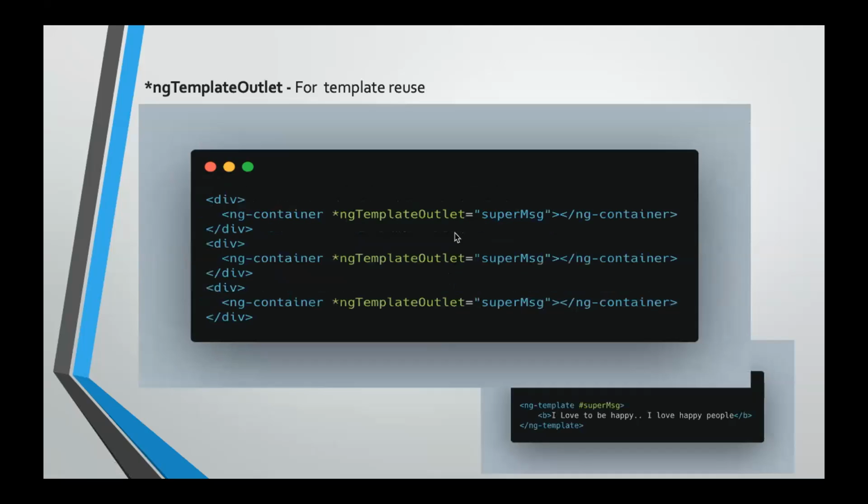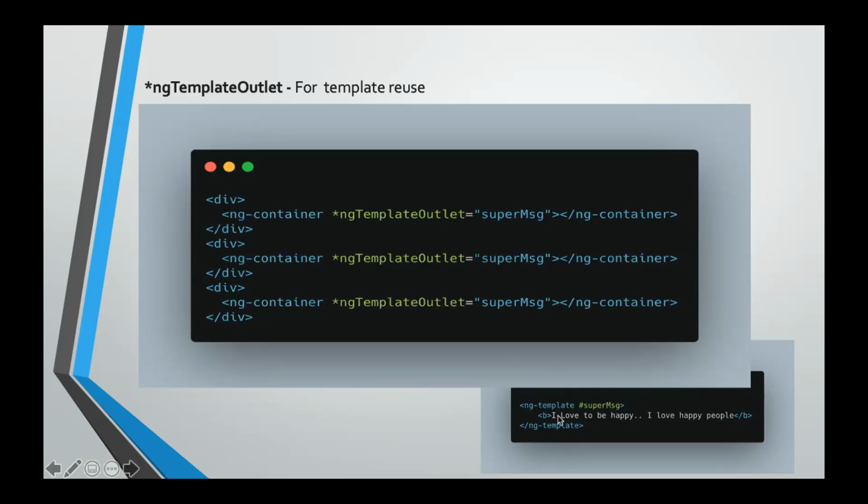And lastly, we have reusing your templates across a page of your application. One good use case for this is if you have maybe a banner or a logo that you display in multiple places in a single page of your application. A typical example, if you look at this ng template, is holding a message that says, I love to be happy, I love happy people. And now if by any chance we have this defined or placed in different aspects of our web page, it would be nice not to have to write this over and over again.